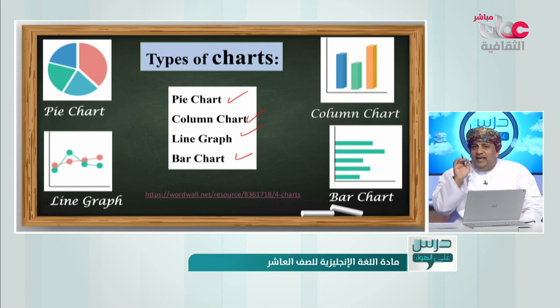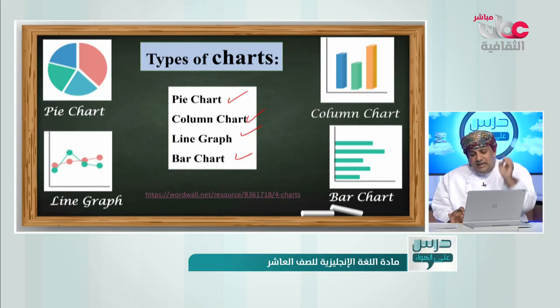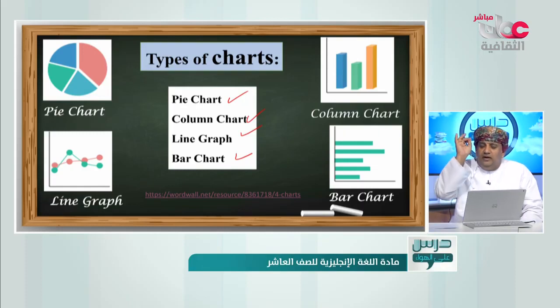So you should be able to know the difference between these 4 shapes, because you're going to write about them deeply. And the first sentence in your writing, for example, you say the pie chart shows, or the column chart illustrates. You should write the type of chart.